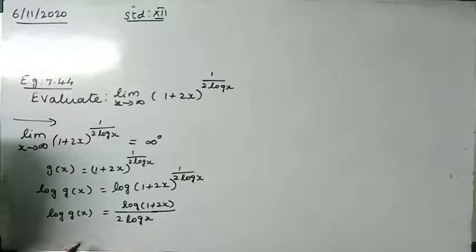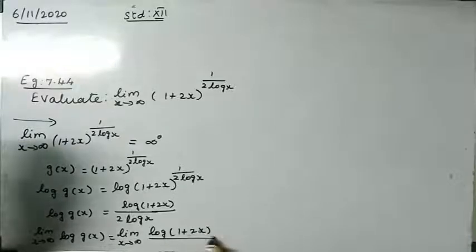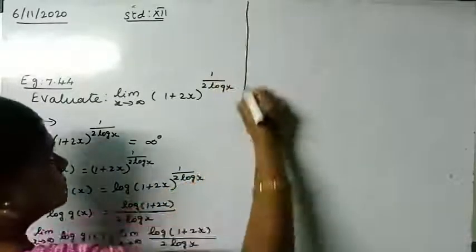Now take the limit. So limit x tends to infinity log g of x is equal to limit x tends to infinity log (1 plus 2x) divided by 2 log x. Now we have to substitute this limit and see.